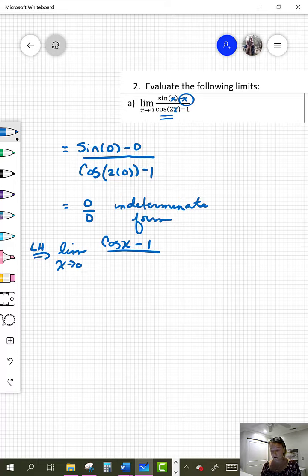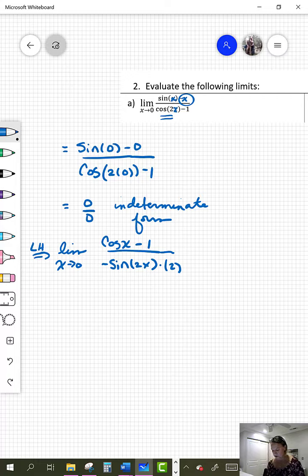So we need to use the chain rule there. The derivative of the outer cosine is negative sine of the inner 2x times the derivative of the inner function 2x, which gives us times 2. Minus the derivative of a constant 1, which is 0.